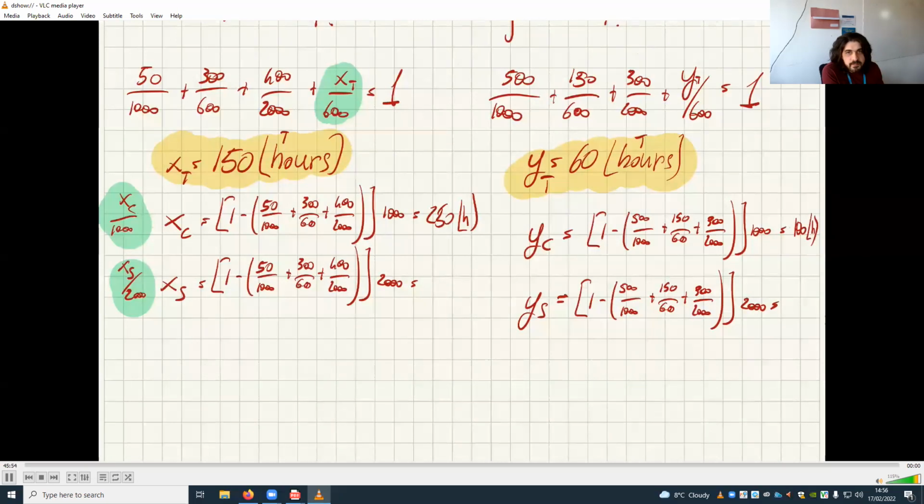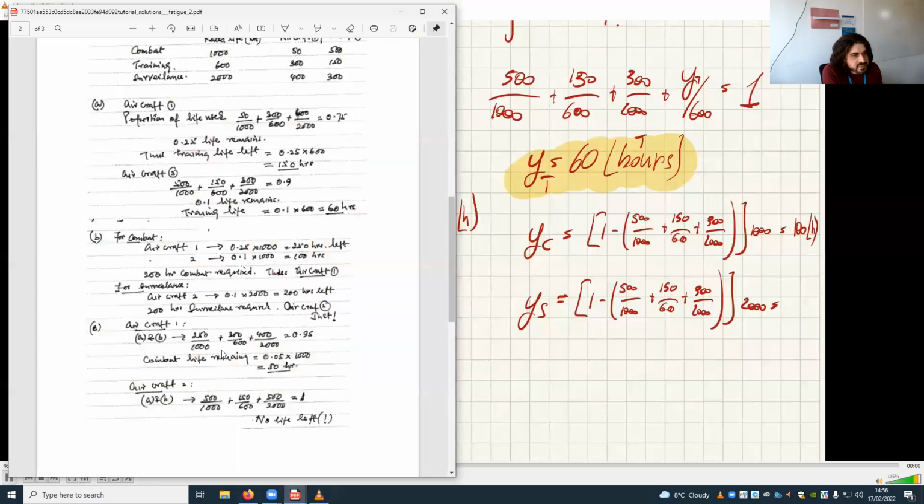And the other one is 200 hours left. For surveillance, aircraft 2 is 200 hours, of course. And this is 500, of course, because it's the same, it's just twice as much.